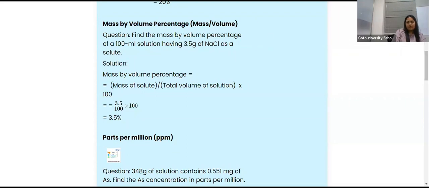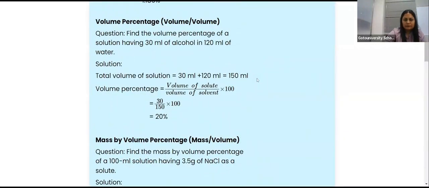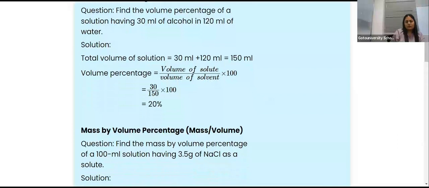I am moving this question here. I want you to try this on your own. Can you read the question? Find the mass by volume percentage of a 100 ml solution having 3.5 gram of NaCl. Apply the formula and do this question.